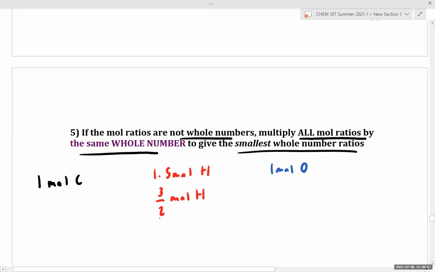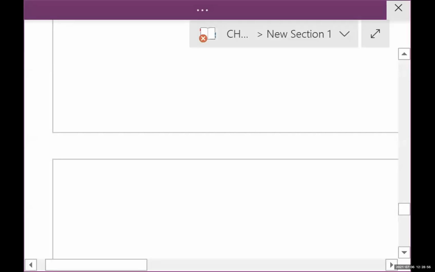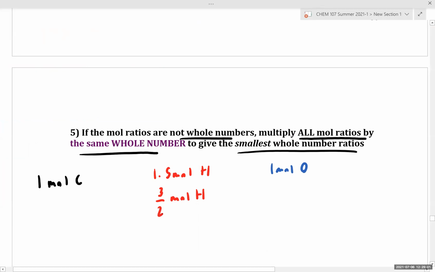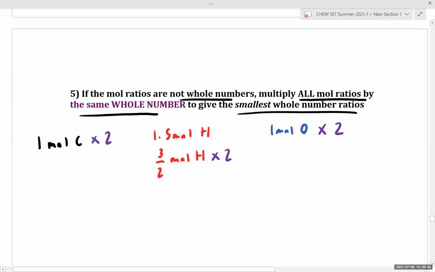If we want to get rid of our fraction and we want a whole number mole to mole ratio, what should we multiply each of these moles by? What whole number would get rid of this fraction of 3/2? 2. So we're going to multiply each of our moles by 2.